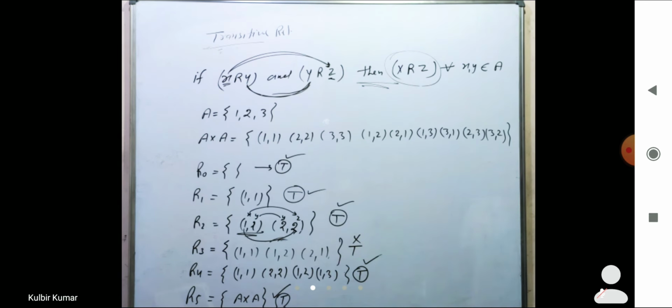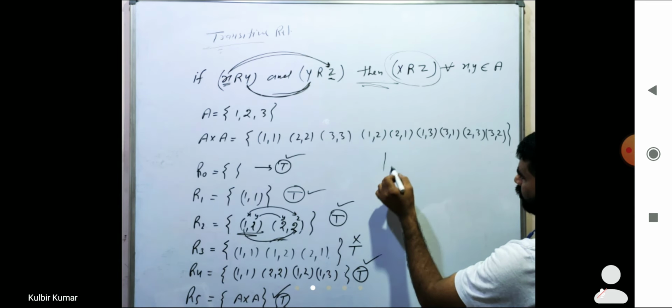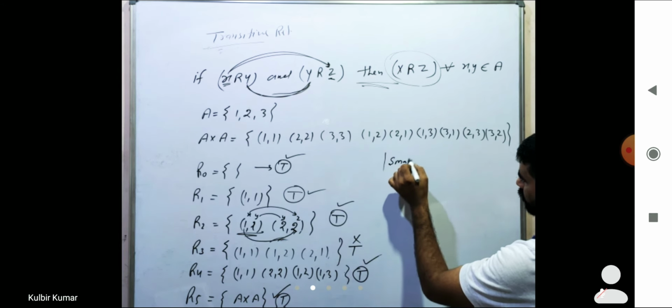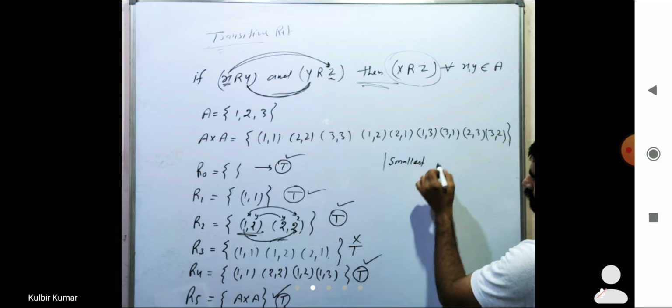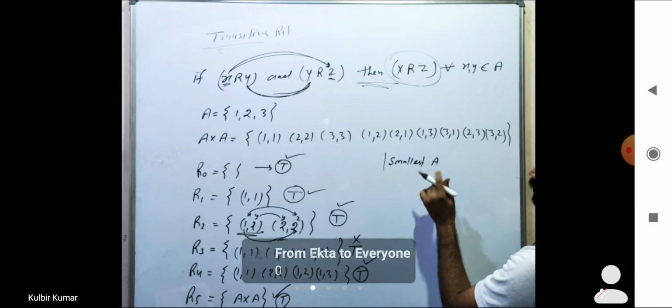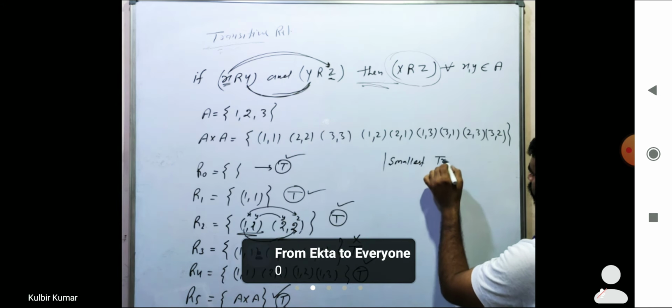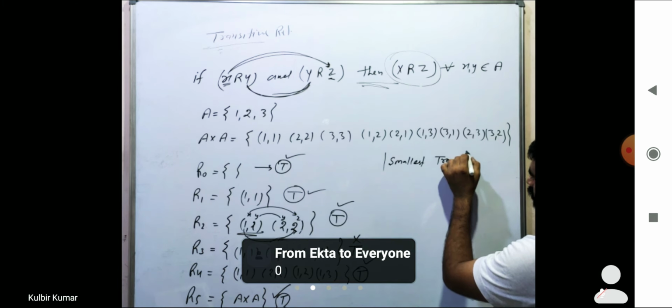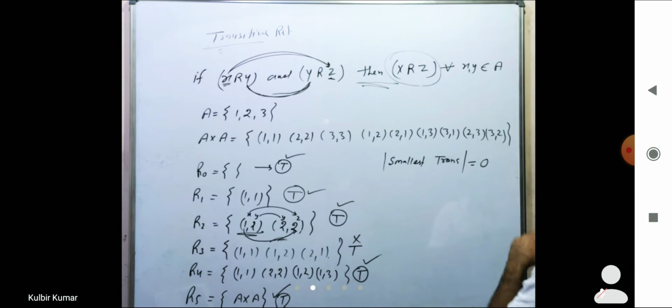Okay, now what will be the cardinality of the smallest transitive relation? So it is 0. ठीक है. What about the largest?